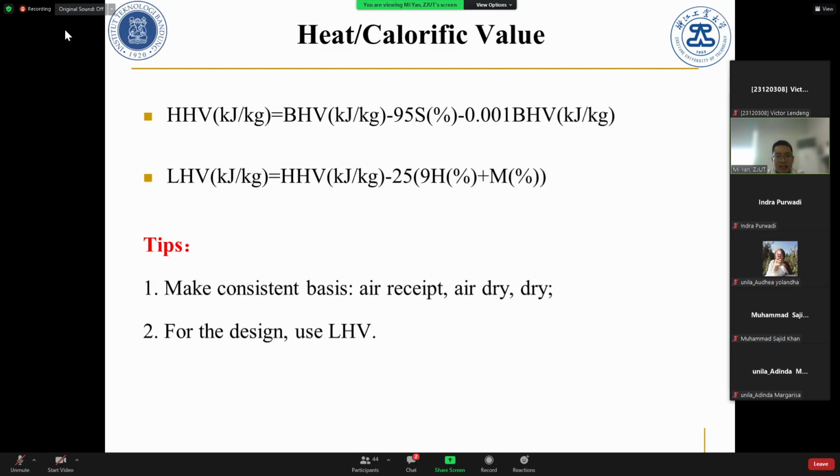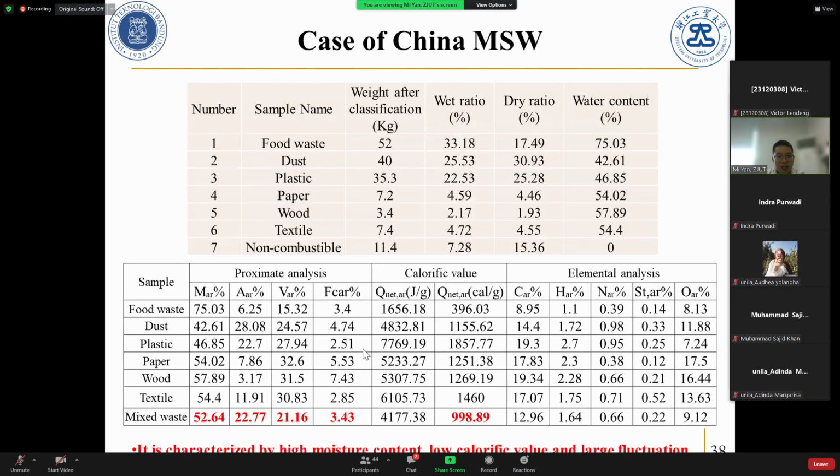So actually, this depends on different countries. So make the basis constant: air received, air dry, or dried. The basis is very important. Don't make a mess. And for the design, usually we use LHV, and different countries have some differences, depending on industrial experience.